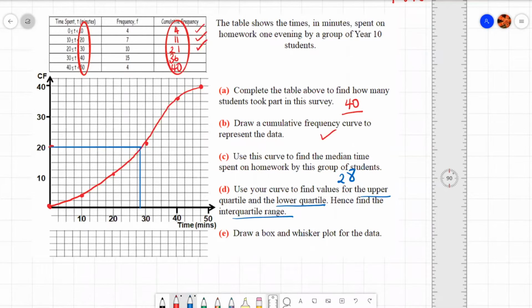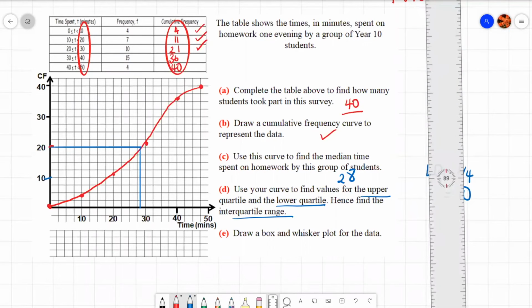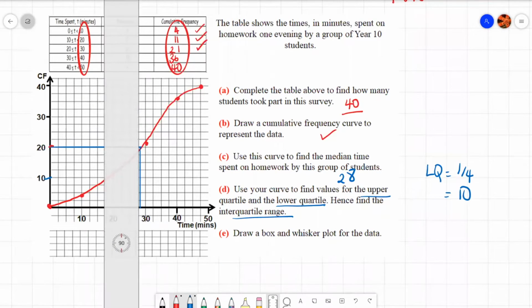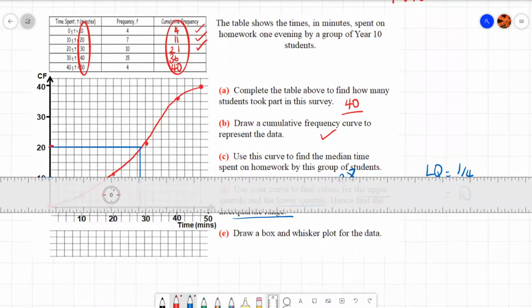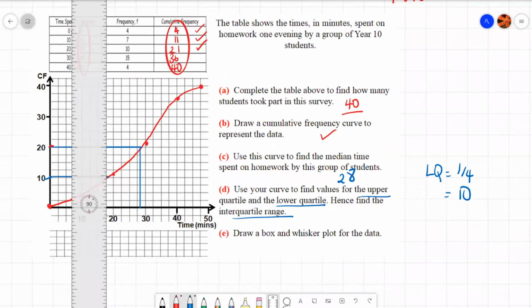So we've got 40. The lower quartile is a quarter of your data, which is 10. So I'm going to go across 10, and I'm going to go down. That's better this time.